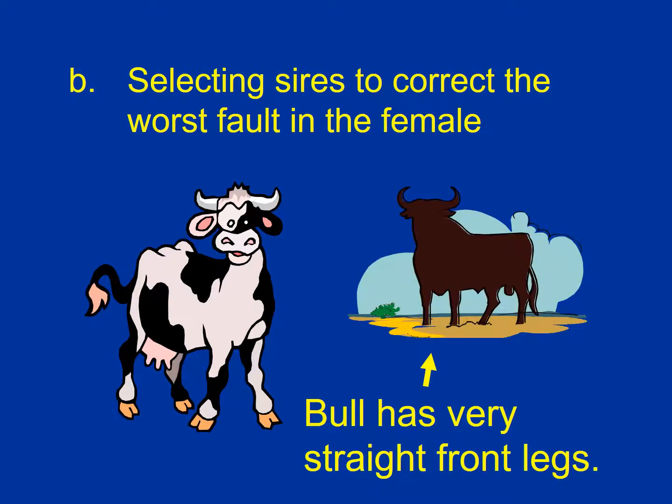So we found a bull with very straight legs to mate with this cow that toes out, and hopefully we'll get an offspring with excellent conformation. So corrective mating, we're going to try to correct the worst fault or faults in our females by our sire selection.